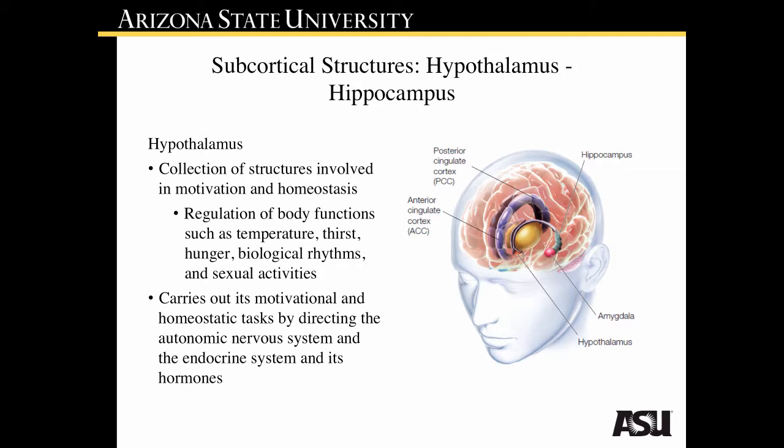So the hypothalamus is involved in regulating our body functions: temperature, thirst, hunger, our biological rhythms of waking and sleeping, and even sexual activities. It carries out its motivational and homeostatic tasks by directing the autonomic nervous system and our endocrine system and its hormones. And we'll learn a little bit about both the autonomic nervous system and our endocrine system shortly.